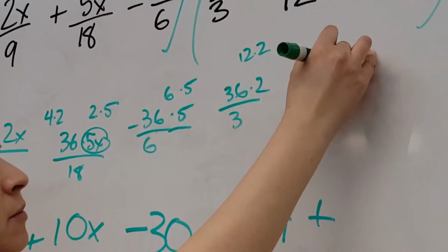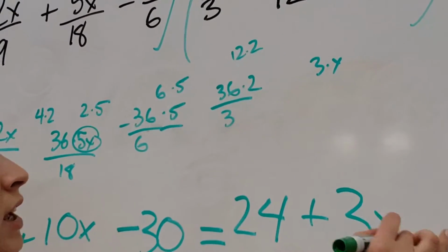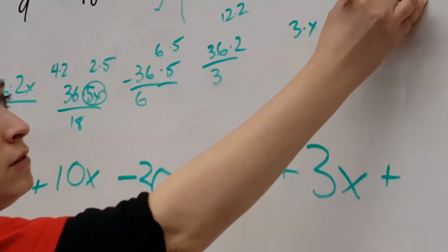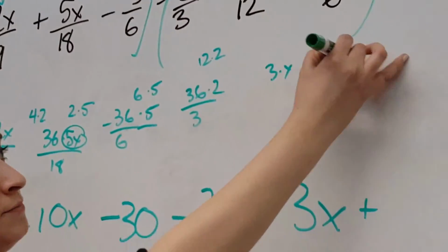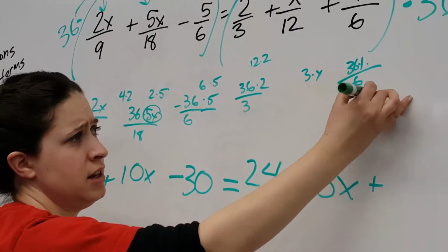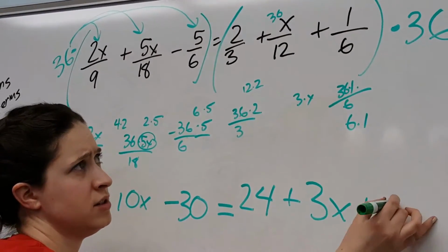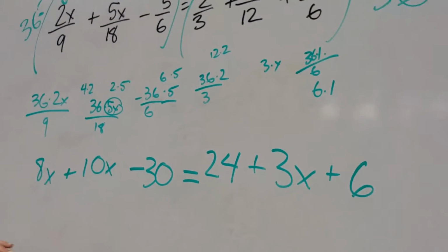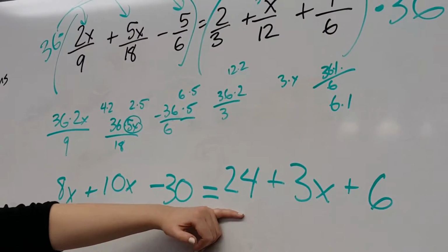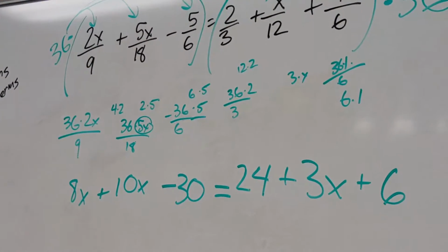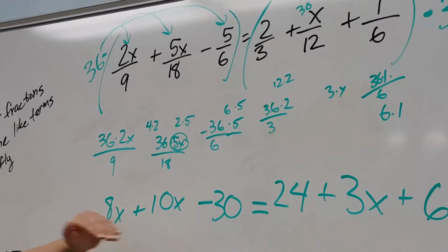And 3 times x is just 3x. Plus 36 times 1. 36 divided by 6 here is 6, times 1 is just 6. So did I get each of these terms figured out? Yep. We've got 24 plus 3x plus 6 on this side, minus 30, 10x.